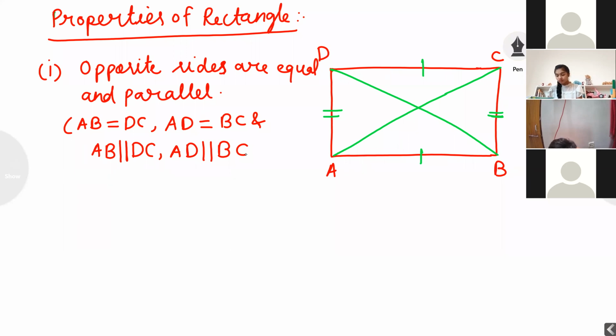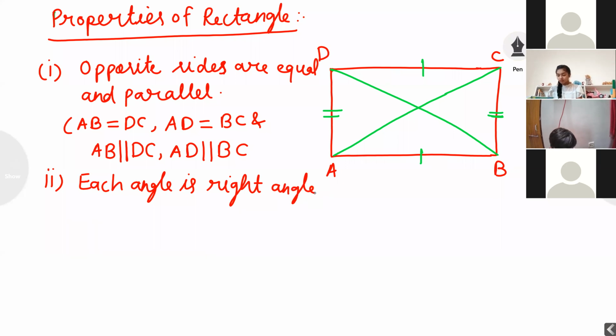Second property, each angle is right angle. Right angle means which degree? How many degree? 90 degree.